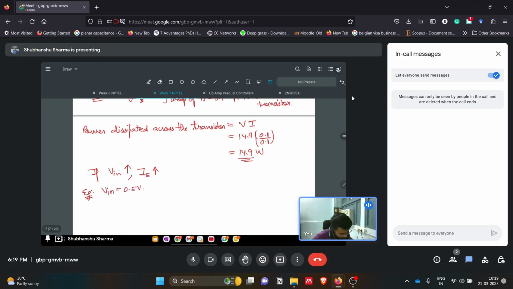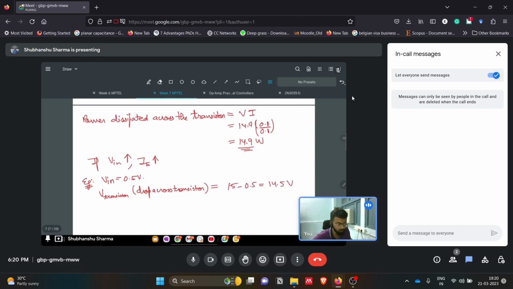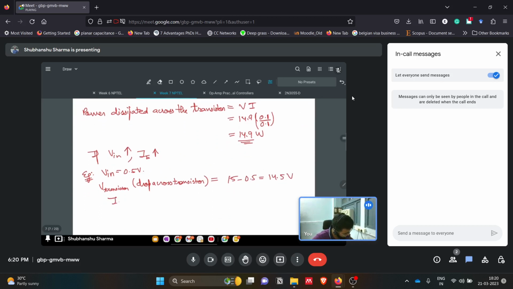The drop across the transistor is again 15 minus 0.5, which is 14.5 volts.